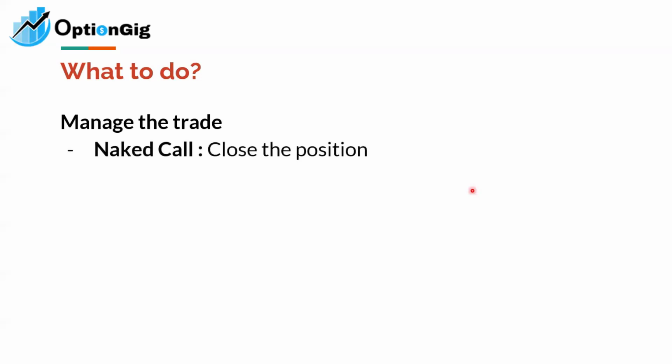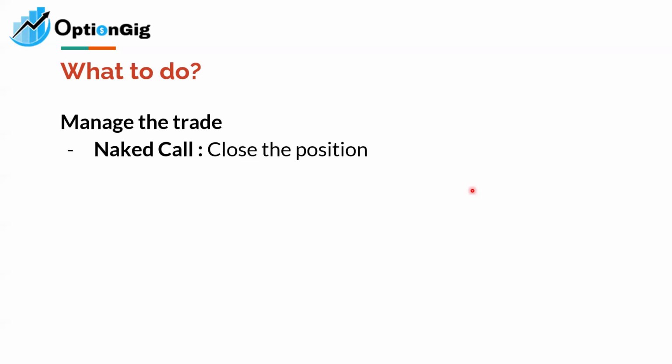So what to do? Now you know whether your sold option is at risk of assignment or not. If you have a naked call option, then you will end up in a short stock position, which you may not want. So take corrective action before you get assigned.